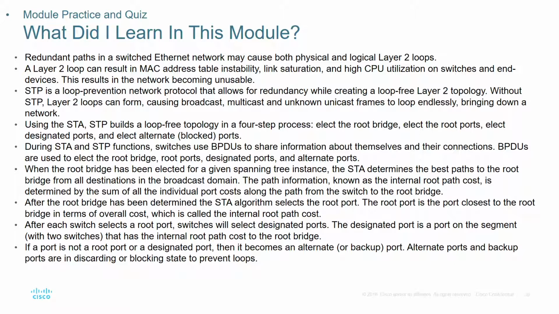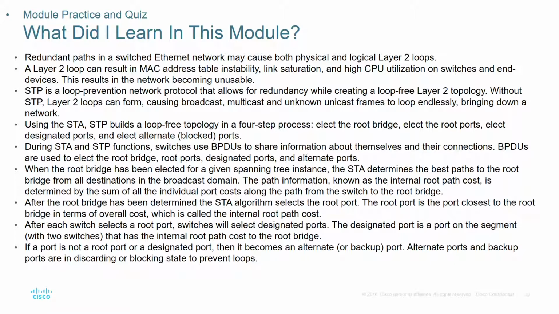During spanning tree algorithm and protocol functions, switches use BPDUs, which are bridge protocol data units, to share information about themselves and their connections. Bridge protocol data units are used to elect the root bridge, root ports, designated ports, and alternate ports.